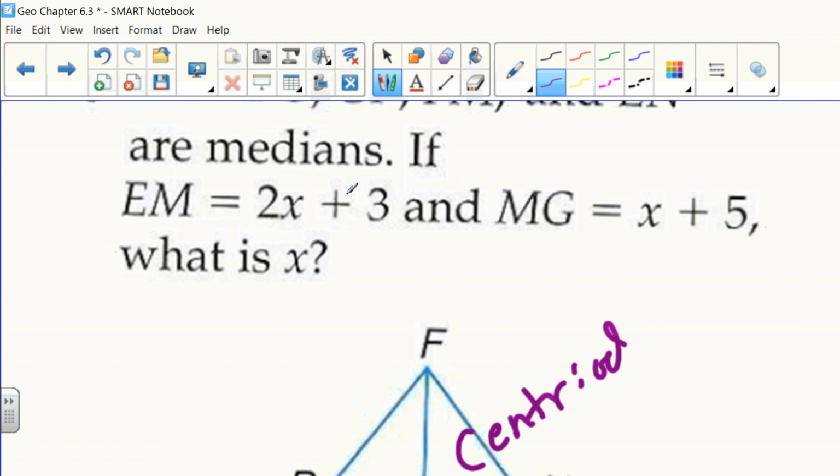Now to create these centroids, what are we connecting? The medians. And a median does what? It connects the angle to the middle of the other side. So that means these two lines are congruent. So to find the value of x, we can really just set these two equal to each other and solve for the value of x.